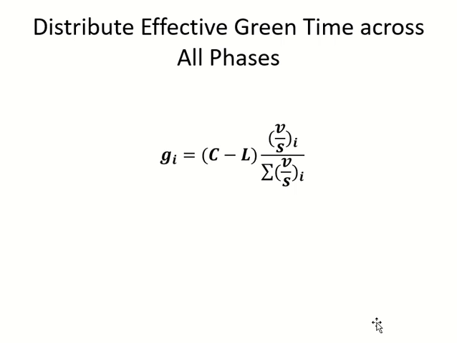This is the V by S ratio for this phase, and this is the total V by S ratio. So total effective green multiplied by V by S ratio of this phase divided by total V by S ratio. Clear? Any questions?